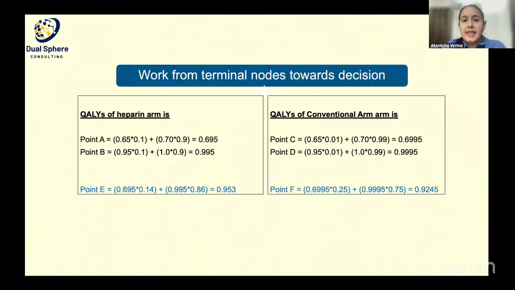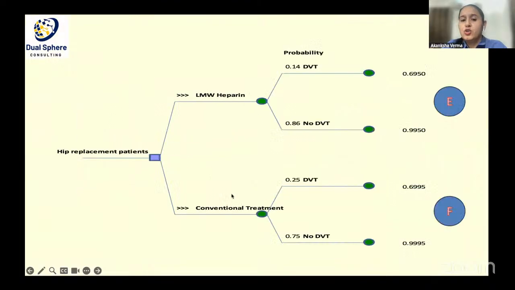Okay. And then see the 0.695 for point A and 0.995 for point B. These are again multiplied with the probabilities for the respective branches and then added, and this is the total quality, 0.953. So this would be the total qualities for LMW heparin.